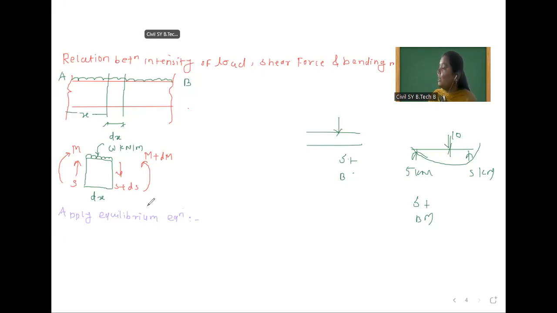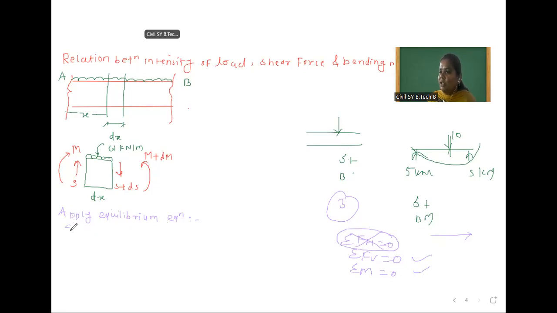We are using two equations, but there are a total of three: summation Fh equal to 0, summation Fv equal to 0, and summation of moment at any point equal to 0. This Fh we consider when a horizontal force is there. Here the horizontal force is not there, so we consider only these two equations.